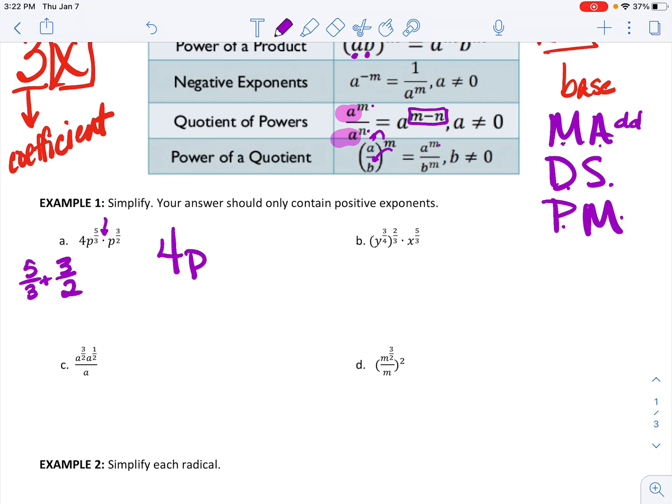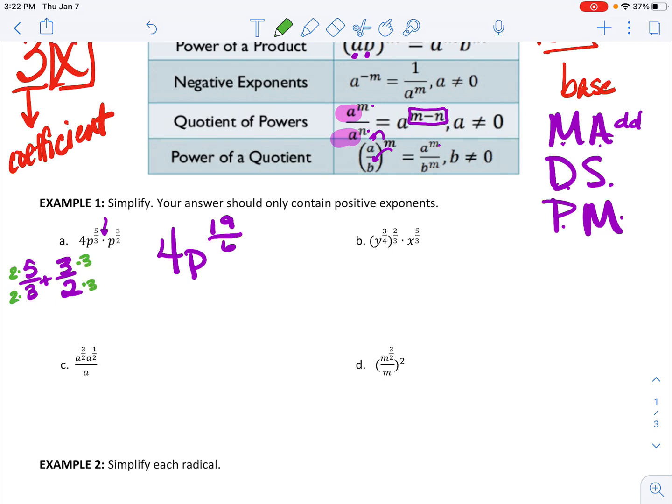And if we do 5/3 plus 3/2, and then you use it as a fraction, we're going to leave it as 19 over 6. Now, if you do the long version, what you're basically doing is I have to have the same denominator, so I'm going to multiply both the top and the bottom by 2.